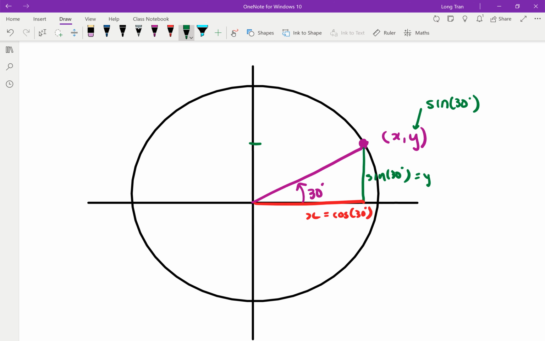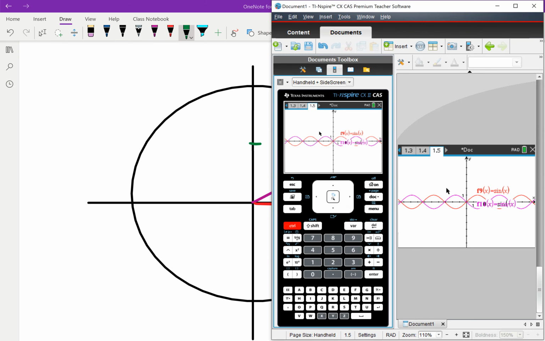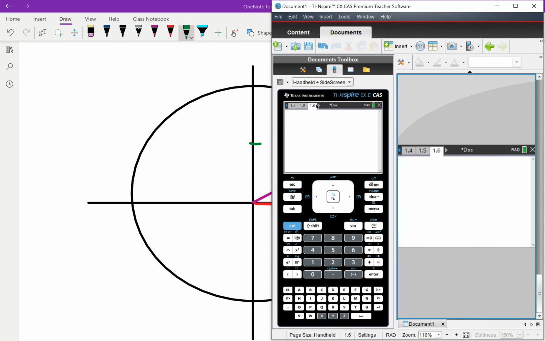Now, on your CAS, I'm going to quickly do that so that you know the value. I know the value, but I want you to get used to figuring this out yourself. Here we go, sine of 30 degrees. I realize my mode is in radians. You probably need it in degrees, so I'm going to change it to degrees.